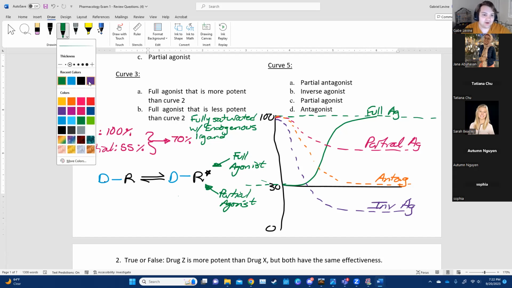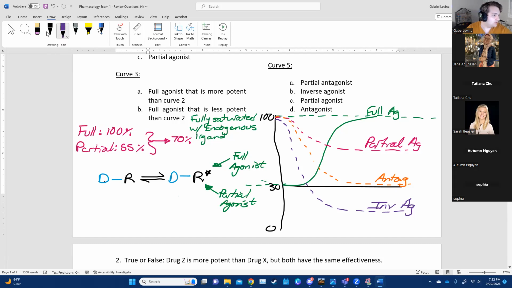Where is an inverse agonist going to go? Where do we think an inverse agonist is going to go? Yes, we're talking about neutral antagonists. Yep. Exactly.